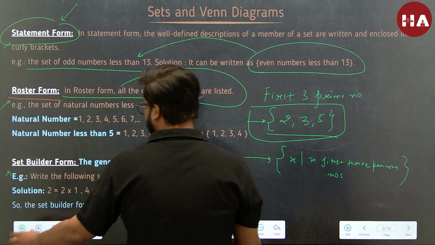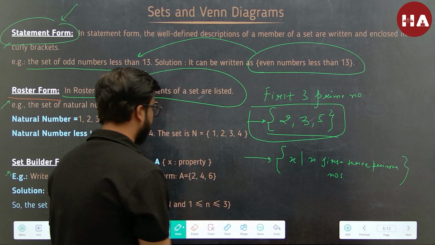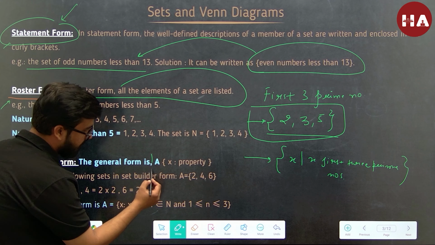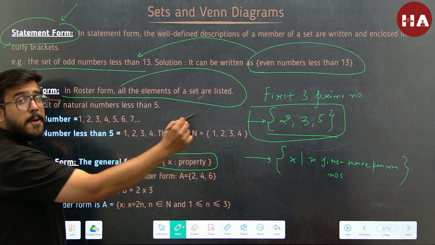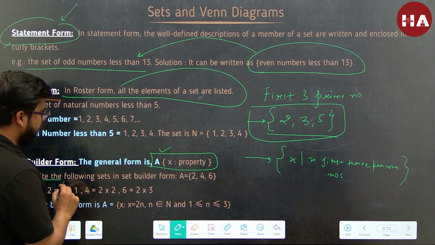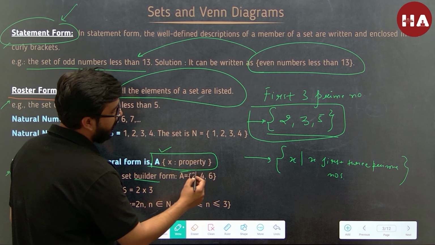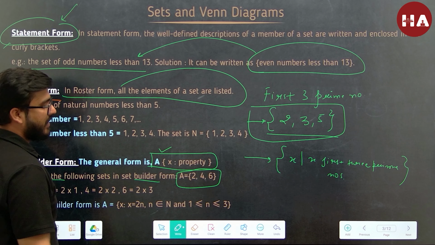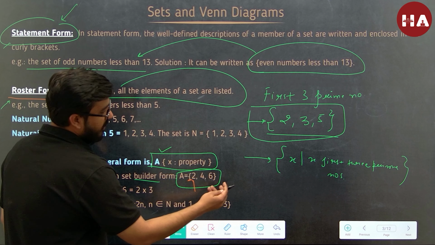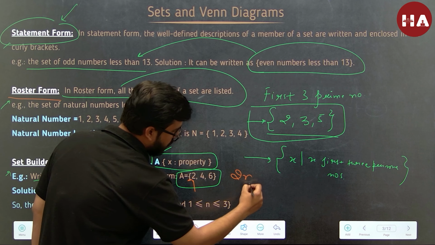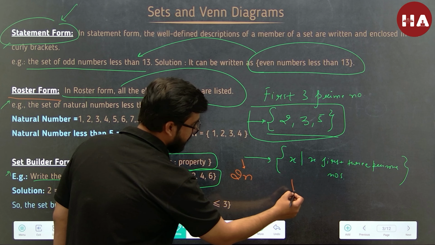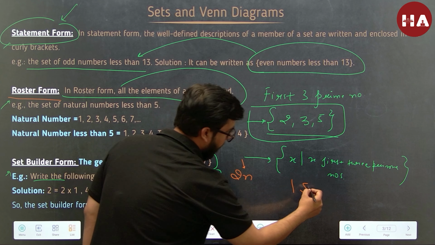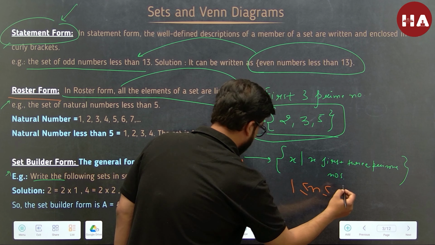Now we'll take the example of set builder form. As you can see here, set builder form represents what? As I already told, it represents the property. So for instance, we have to write 2, 4 and 6 in set builder form. I can represent it as 2 multiplied by n, where I can put values of n ranging from 1 to 3.